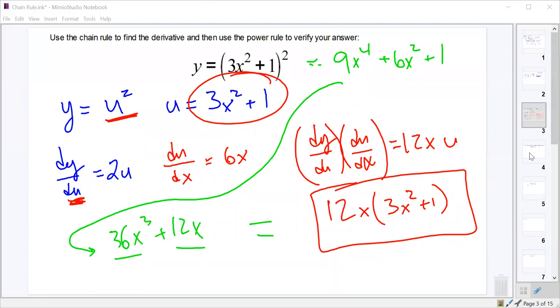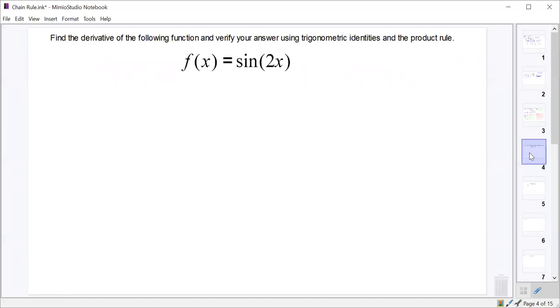All right, let's try another one. Let's see if we can find the derivative of f of x equals sine of 2x. The first thing we want to do is write this as a composition of two functions.